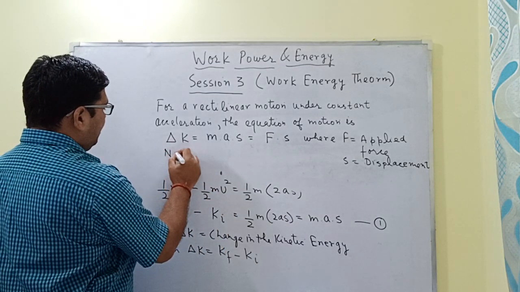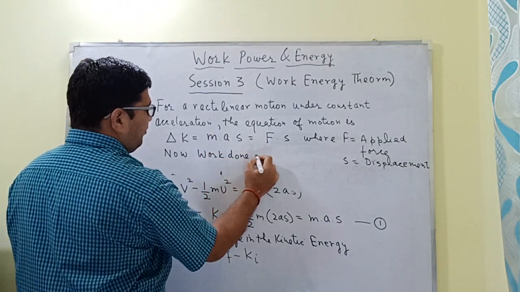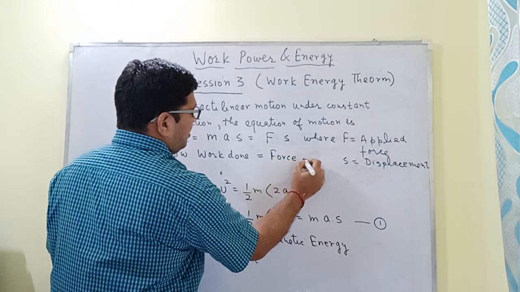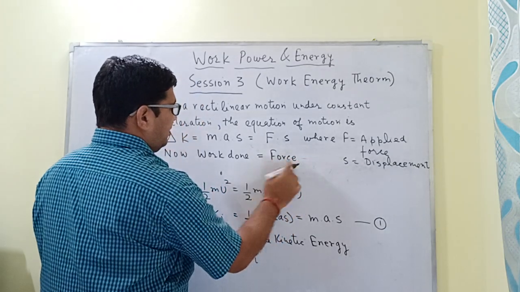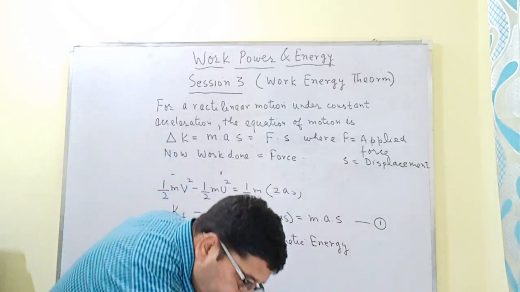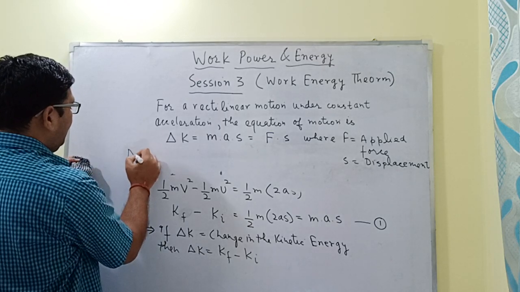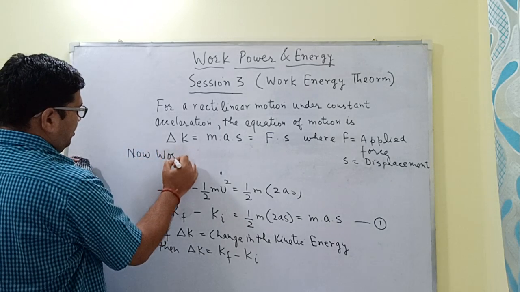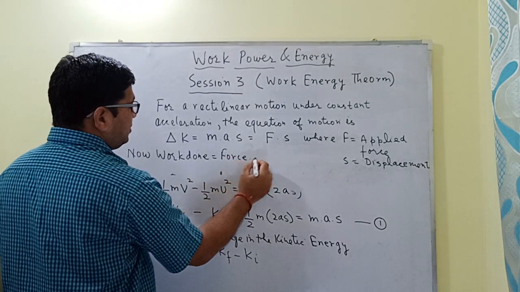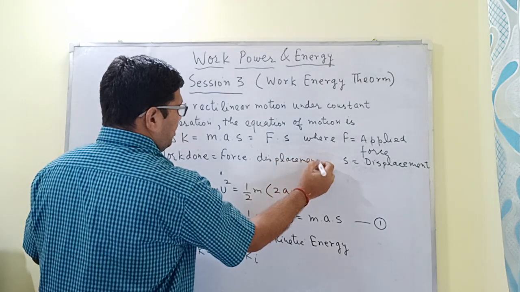Now हमें ये भी पता है, work done is equal to force into displacement, ये भी हमको पता है. इसको मैं यहां लिख लेता हूं नीचे. Now work done जो है, work done is equal to force dot displacement. ठीक है.